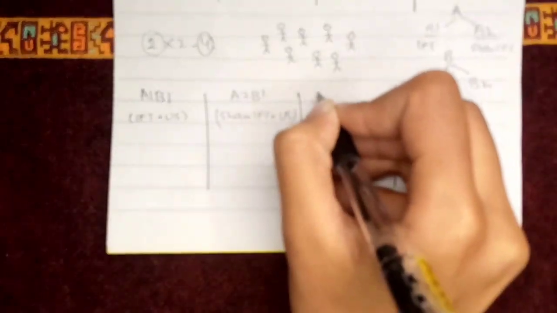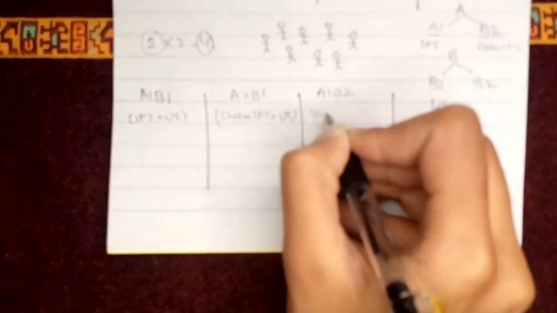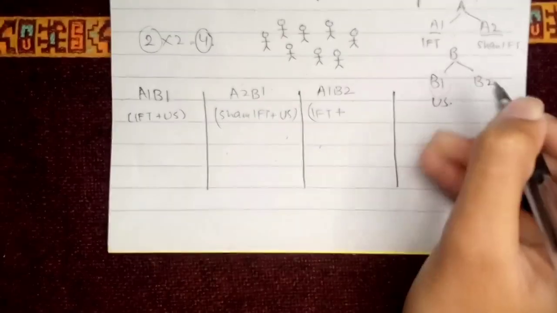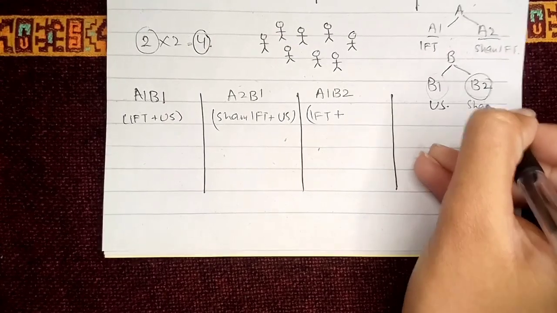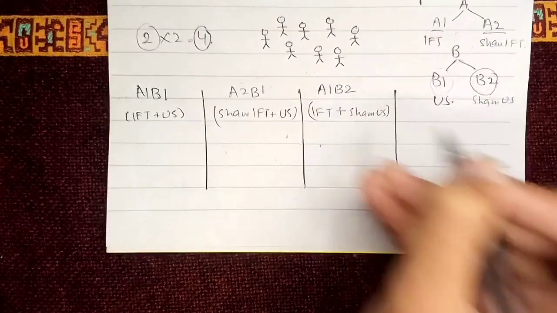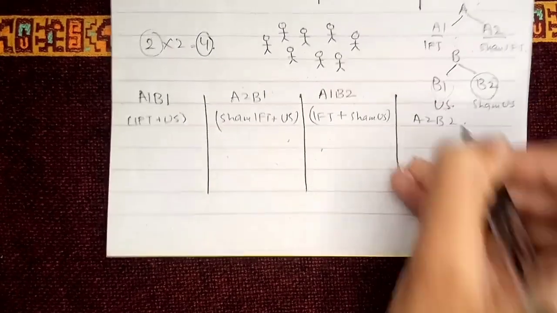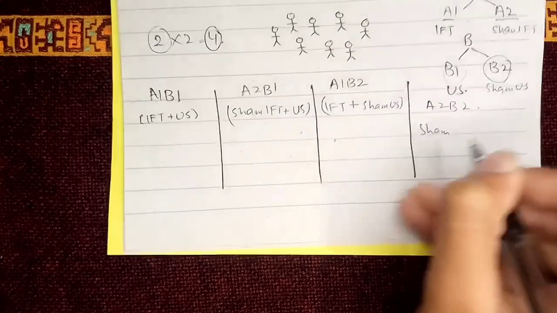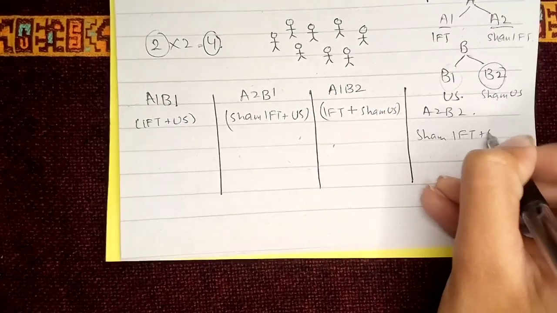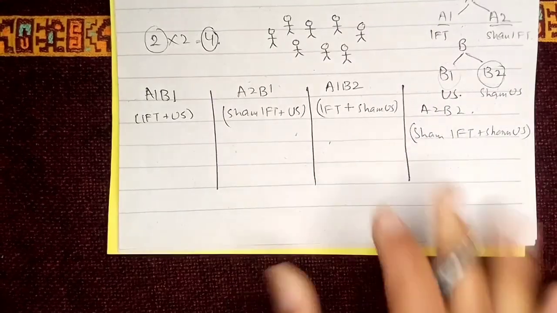Then we can have another group, A1, B2, in which we have the IFT plus sham ultrasound in B2. And our last group can be A2, B2, in which we had the sham IFT plus the sham ultrasound. So this is how we have the 4 groups.